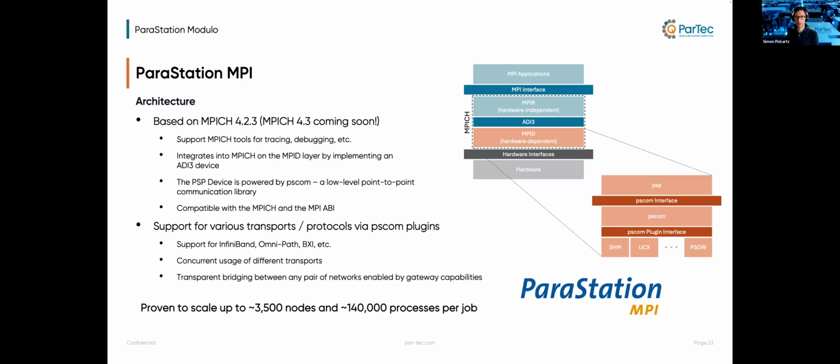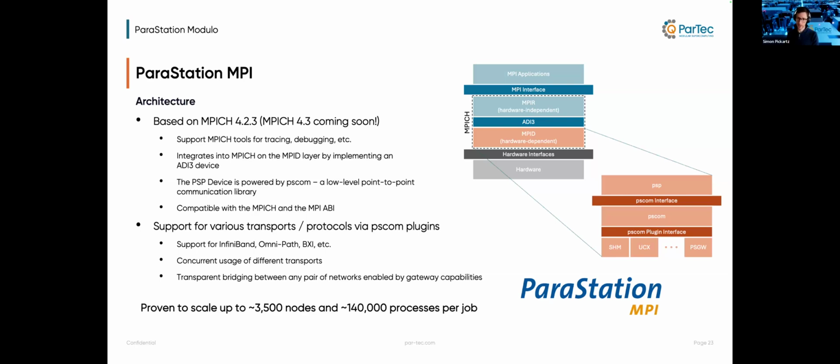And below that, we have the so-called MPIR layer, which covers all the hardware independent parts, for example, collective algorithms, communicator handling, group handling, and so on. And below that, there is the ADI3 interface, the abstract device interface. And this is where we hook into the MPICH stack with our own so-called MPID or PSP device, which is implemented by using our own efficient low-level communication library, called PSCOM, which you see on the right-hand side.